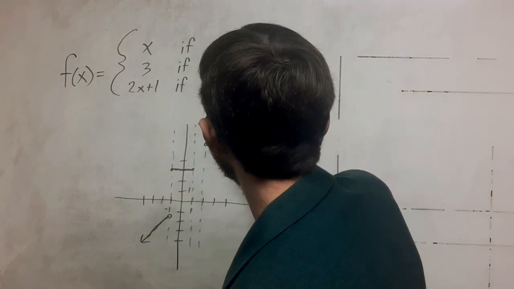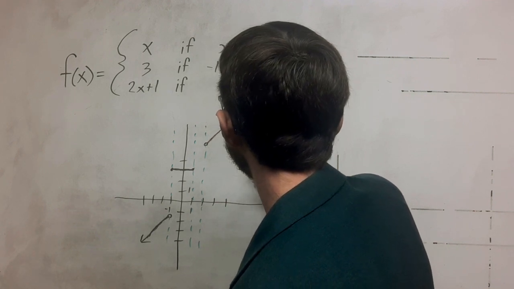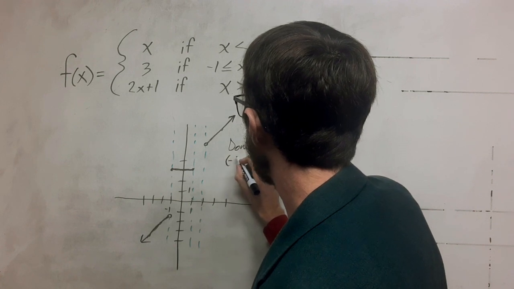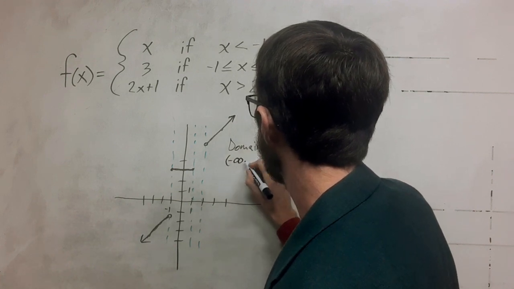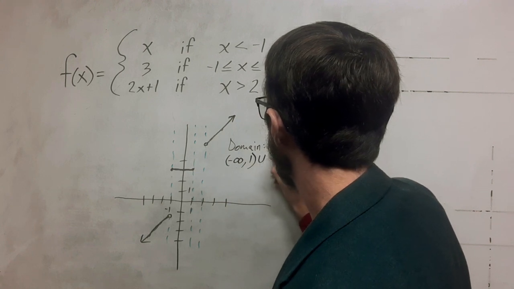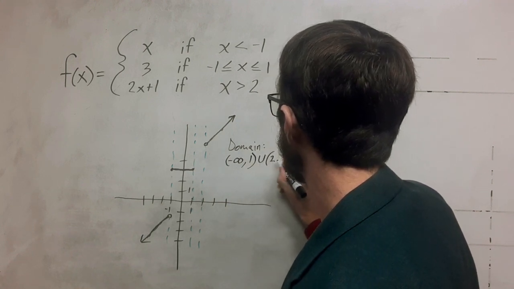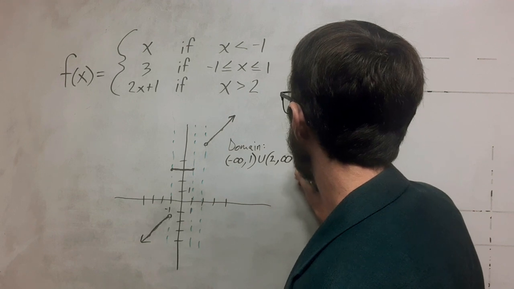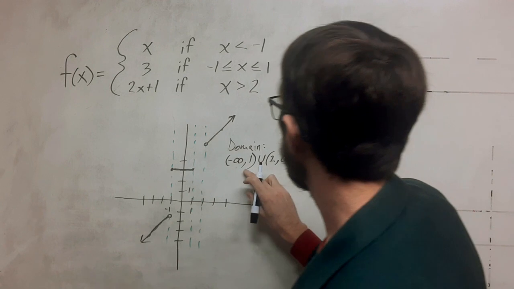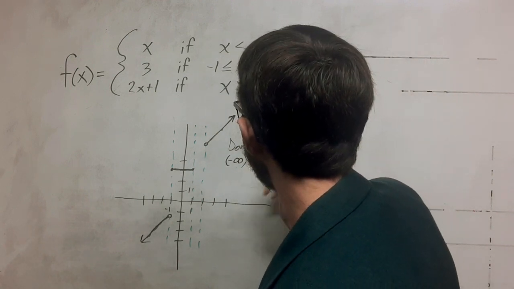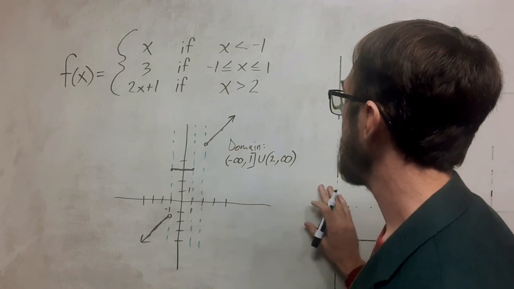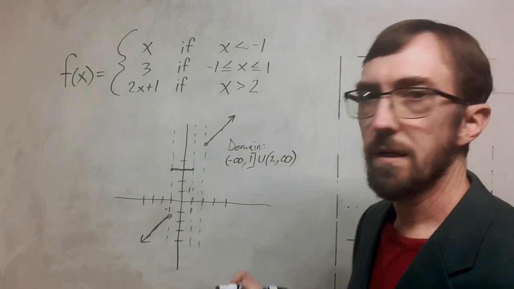So the domain is going to be from negative infinity up to positive 1, and then from 2 to positive infinity. And I need to include 1 here. 1 is a part of that, but 2 is not. Okay, so this is our domain.